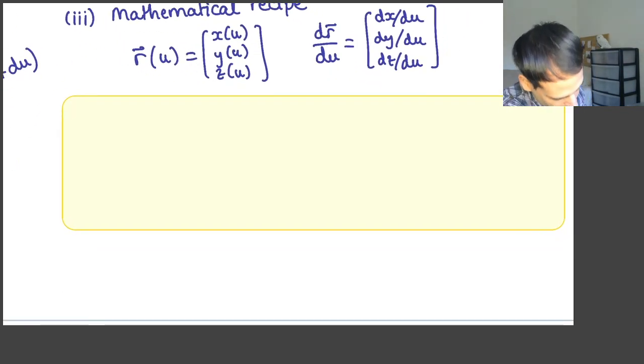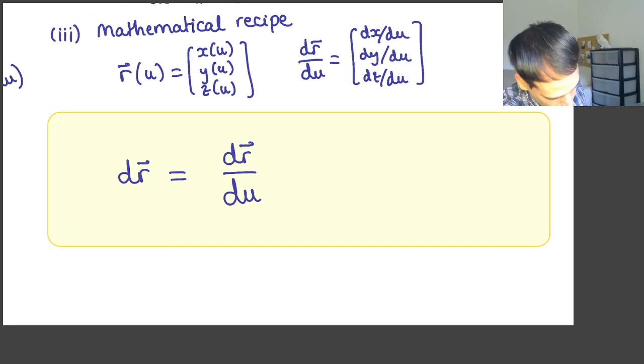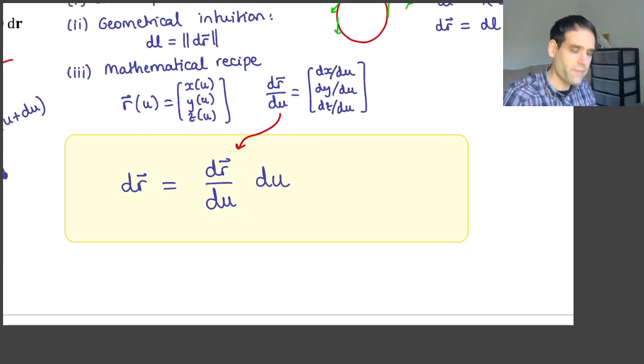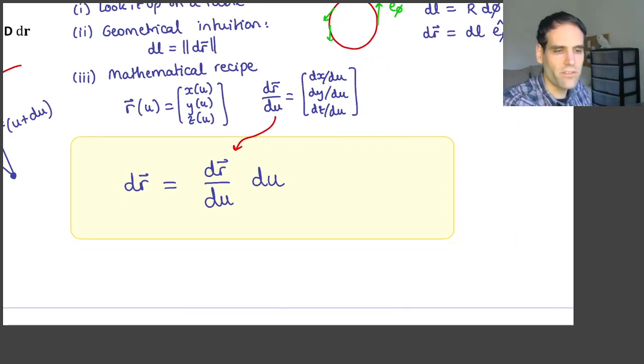And then you just say that dr is equal to this vector that you found, multiplied by du. This is the master equation that you can use to find the dr vector, the differential displacement. It's very easy to remember because it's as if the du's cancelled out, so you are left with dr only.